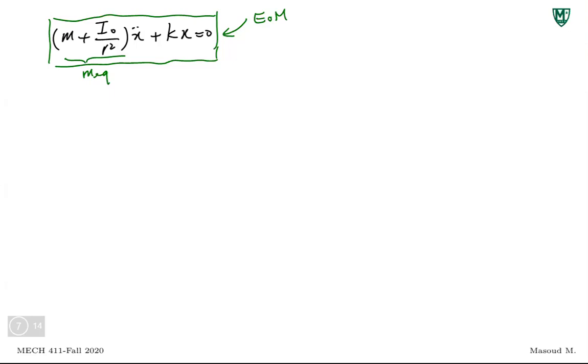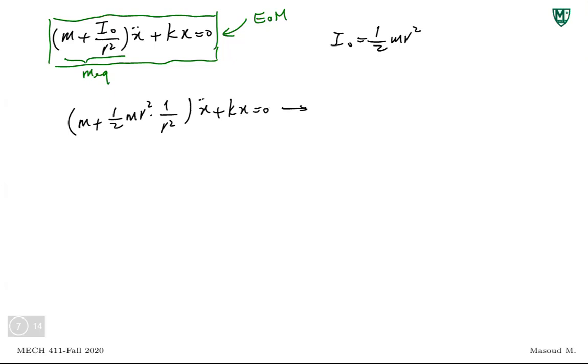We can go a little further, and since we know I-O is equal to 1 over 2 m r squared, let's simplify this. So this becomes m plus 1 over 2 m r squared times 1 over r squared, right? I wish I had written everything together, but plus kx is equal to 0.